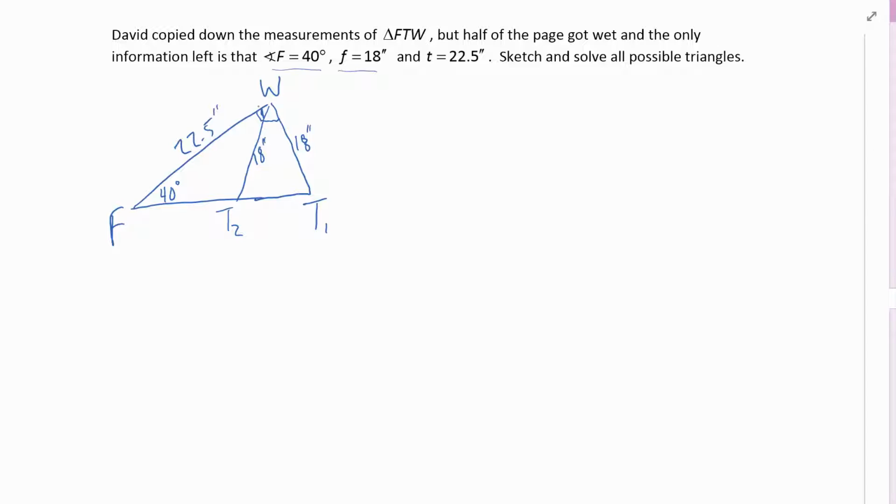Now that you've got the large diagram of both triangles, I'd like you to do another diagram that's just F, T1 and W, so we can just consider that triangle on its own first. So F, 40 degrees, T1 we don't know, this is 18, this is 22.5.